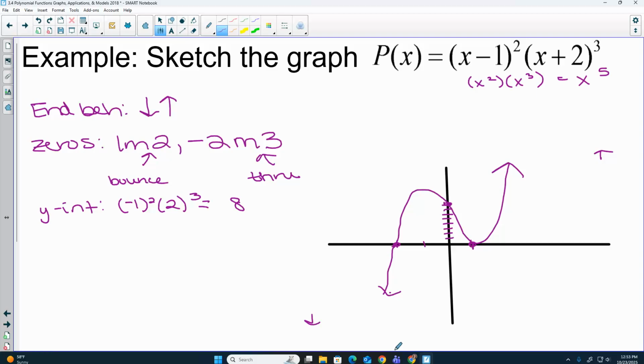So our graph looks like that. Okay? Last one.